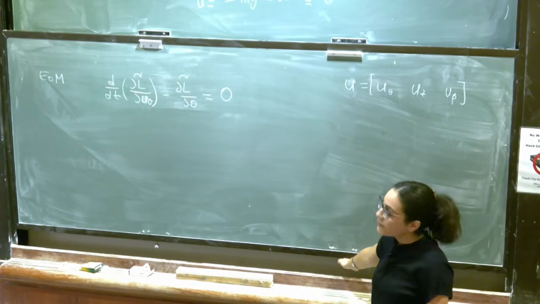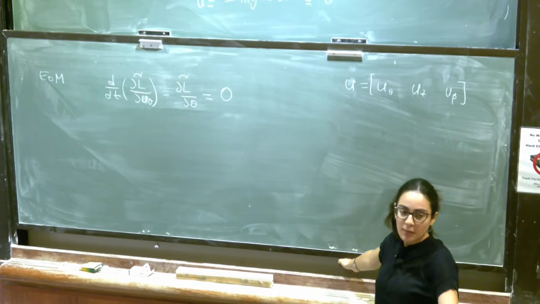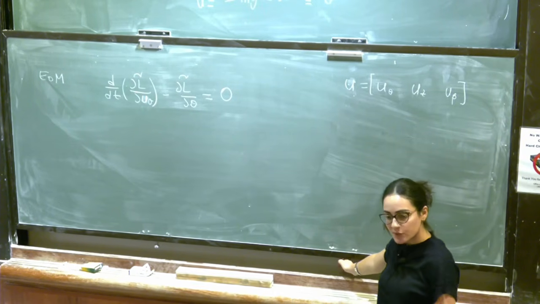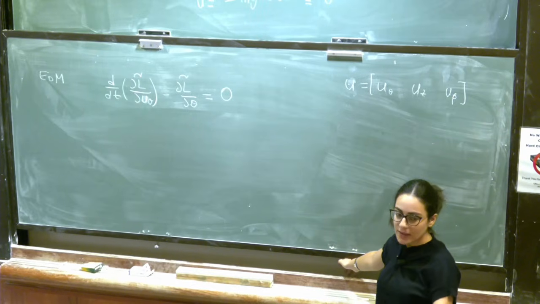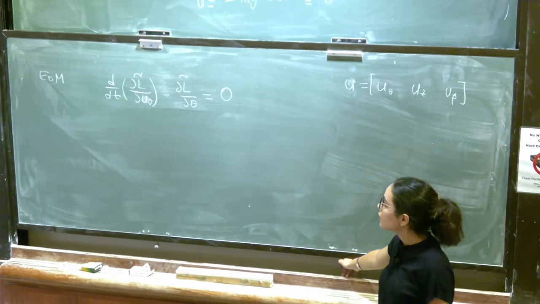Just to make it mathematically accurate, we take a partial with respect to U theta, then replace U theta by theta dot.